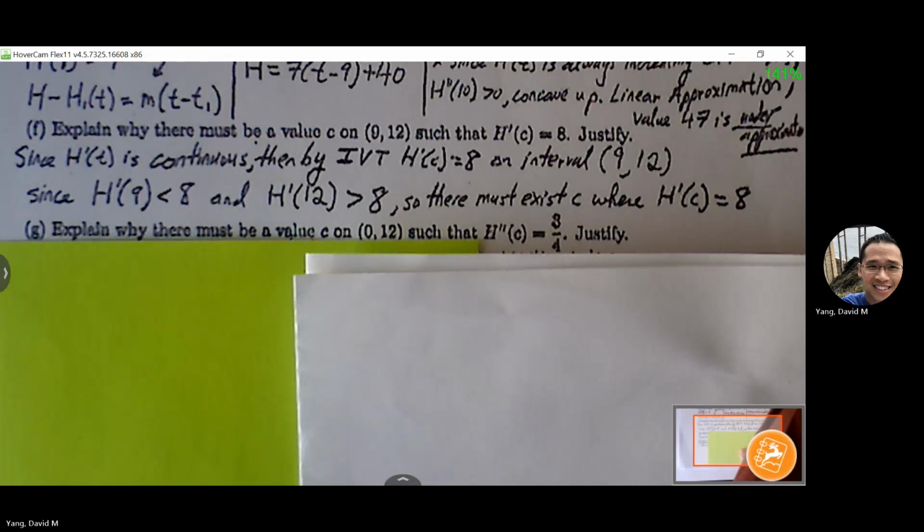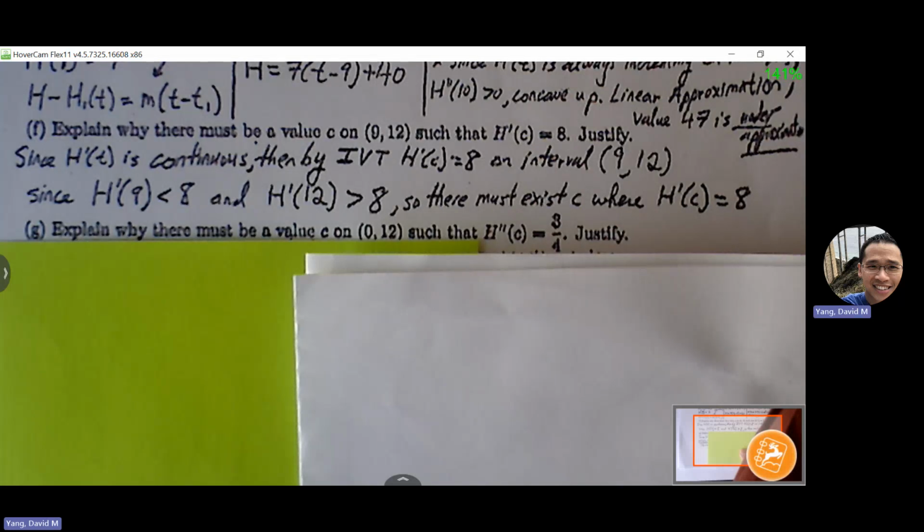Okay, look at part G because what they're asking seems very similar. Explain why there must be a value C such that H double prime of C is equal to 3/4. Now, do we have a table that we can compare and look at H double prime values? We don't, right?